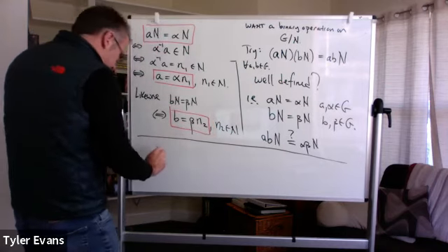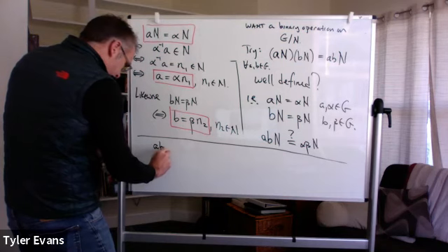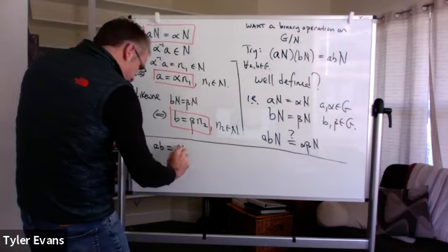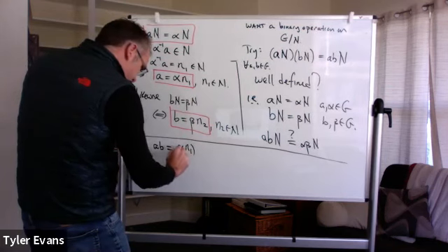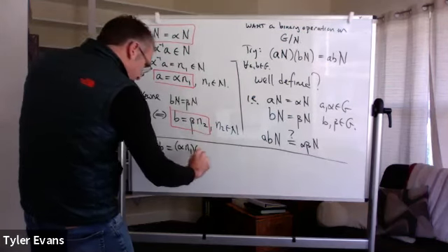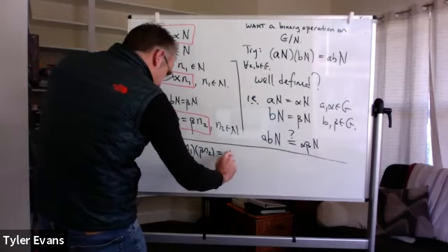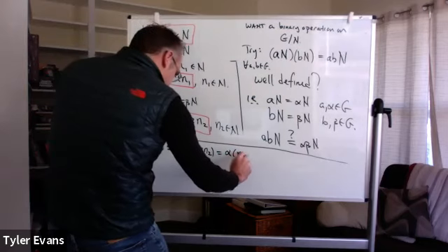A times B is the same as alpha times N1 times beta times N2, which I'm going to reassociate because I'm working in a group.